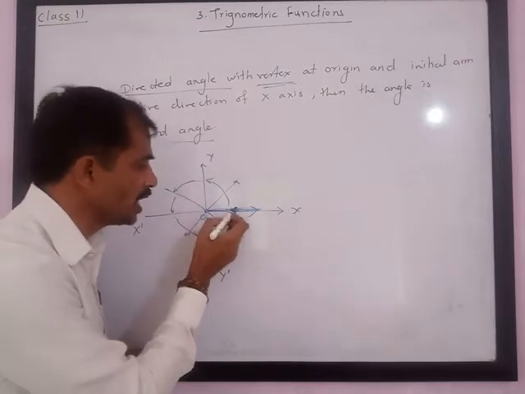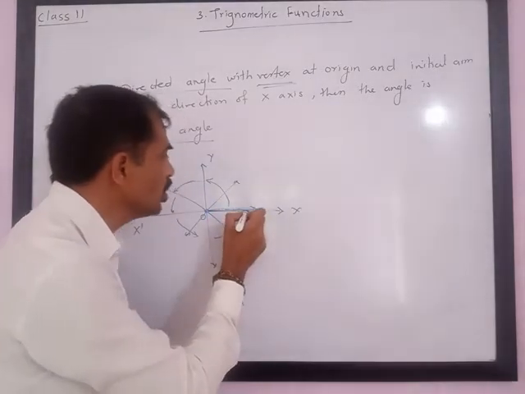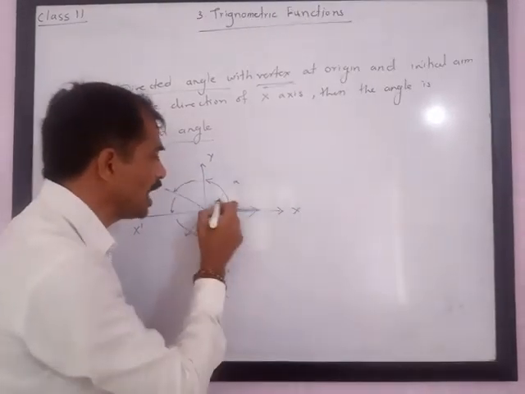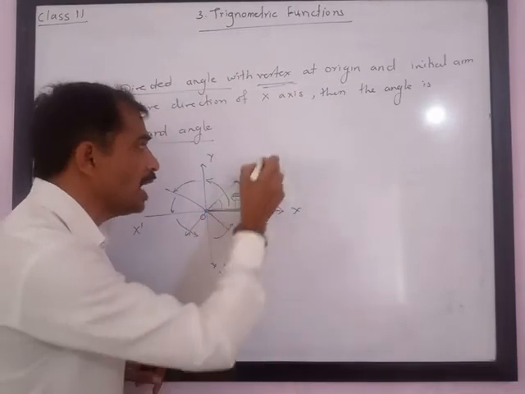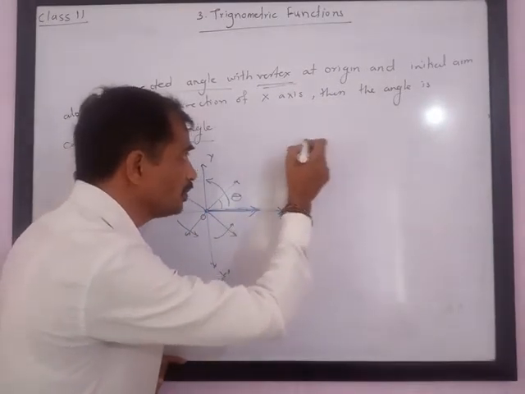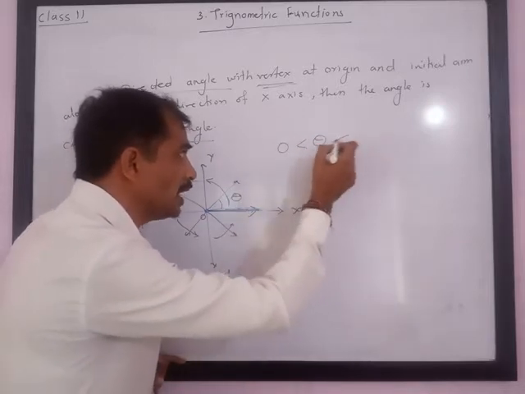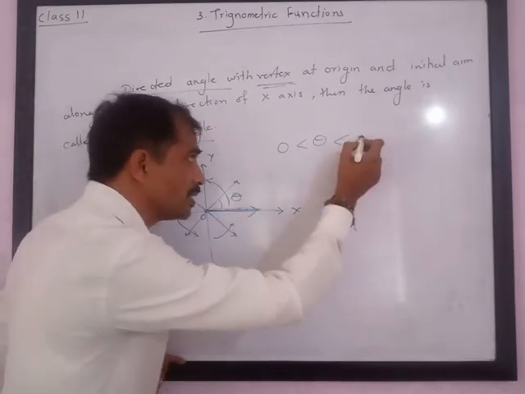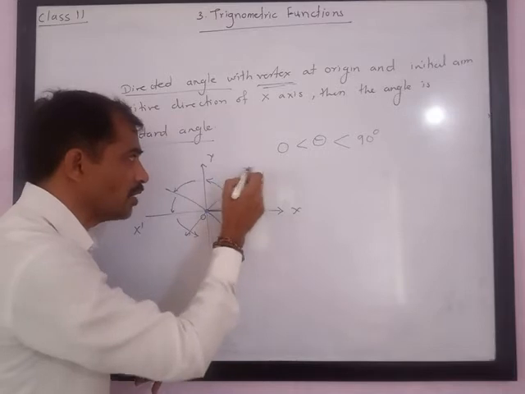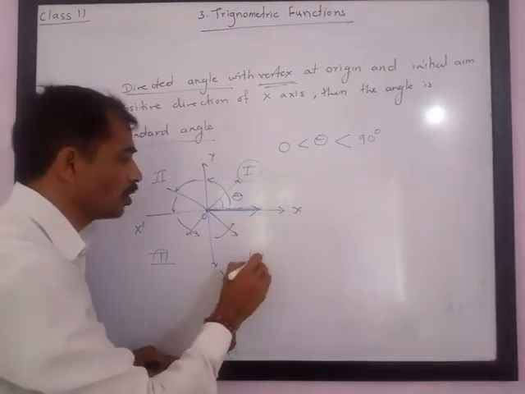Please try to understand, if the measure of the angle is greater than 0 and less than 90 degrees, so if this angle is theta and theta is greater than 0 but less than 90 degrees, then the terminal arm will lie in the first quadrant. This is the first quadrant, second quadrant, third quadrant and fourth quadrant.